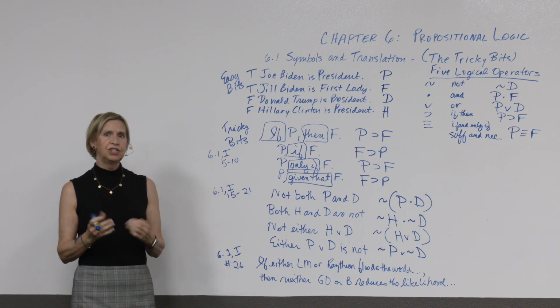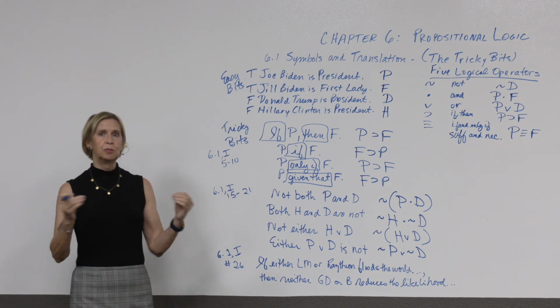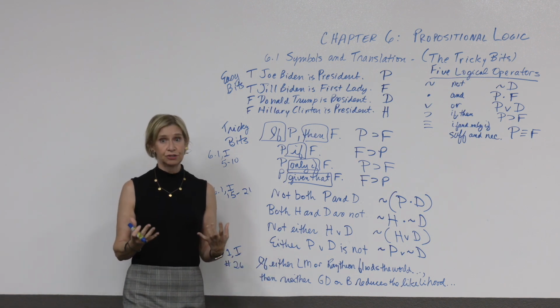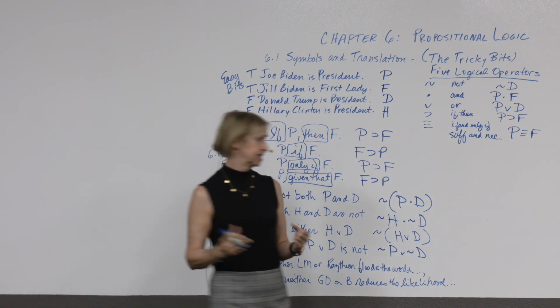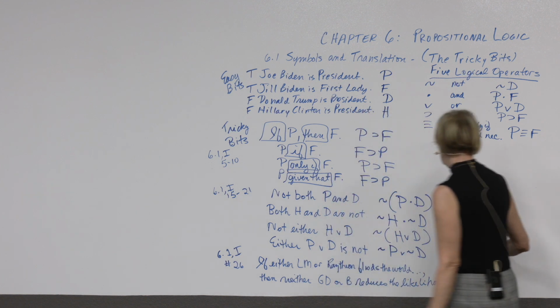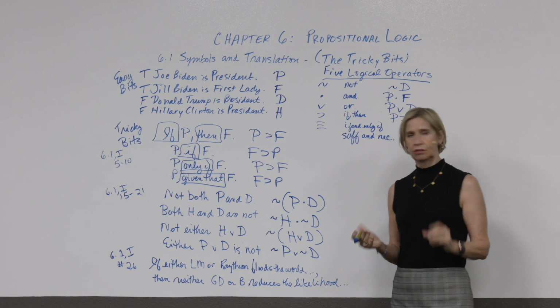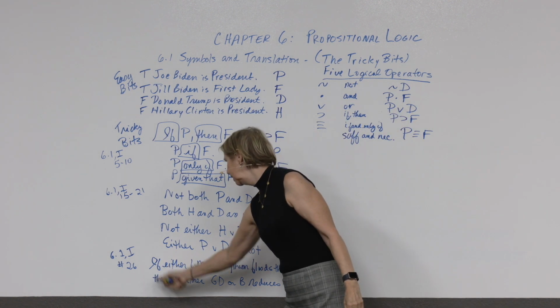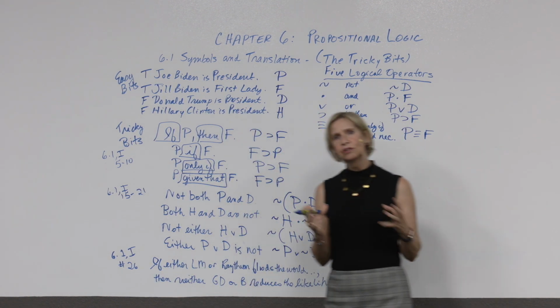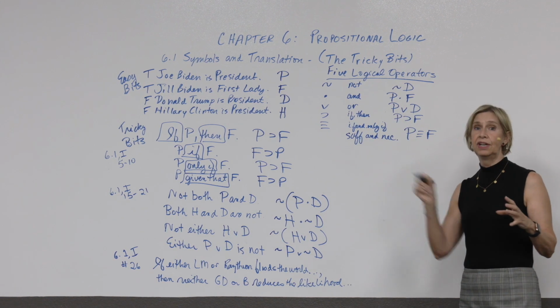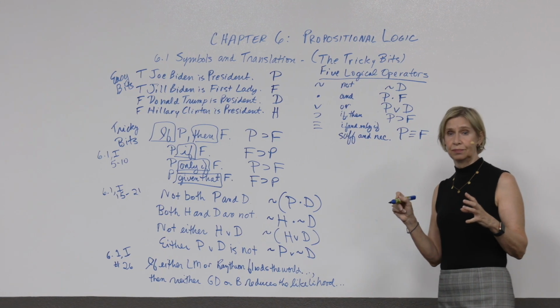But you want to approach these by breaking them down into smaller parts. And I always start by choosing the letters that I'm going to use for the simple statements. So I'm going to write the symbolization of this here. Notice the main structure. Look at your first word. You've got an if-then. The main structure of this statement is an if-then. So you know at some point you're going to need the logical operator horseshoe.